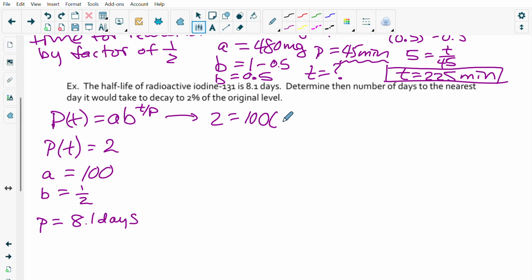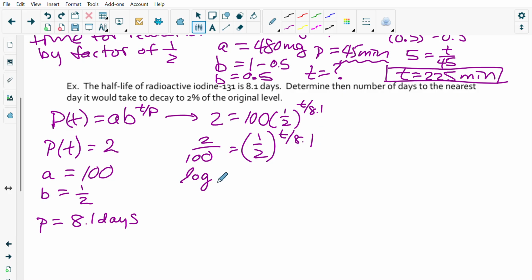That's 2 equals 100 times 1/2 to the t divided by 8.1. Okay, so that's 2 over 100 equals 1/2 to the t over 8.1.